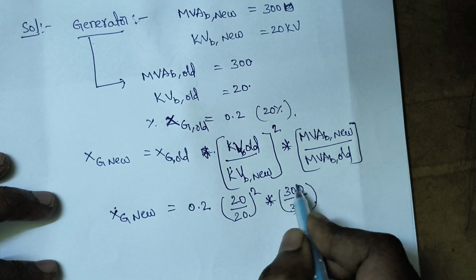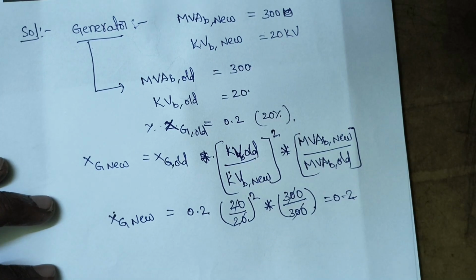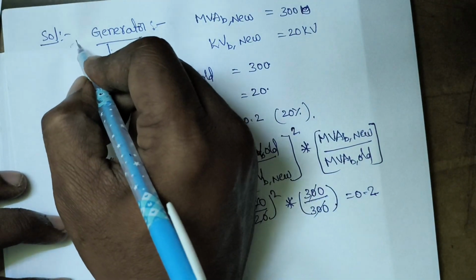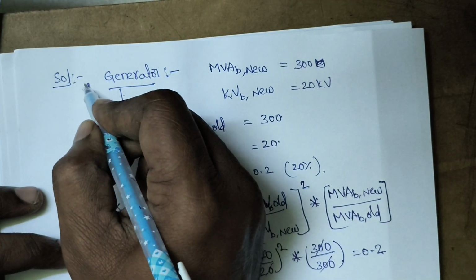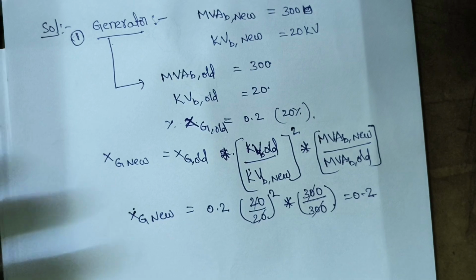And finally I will get 0.2 only. So that is the first component. For the first component, I found this per unit value.